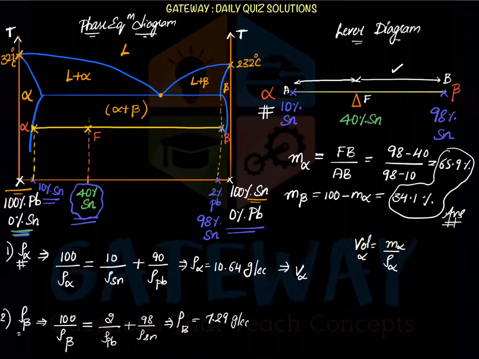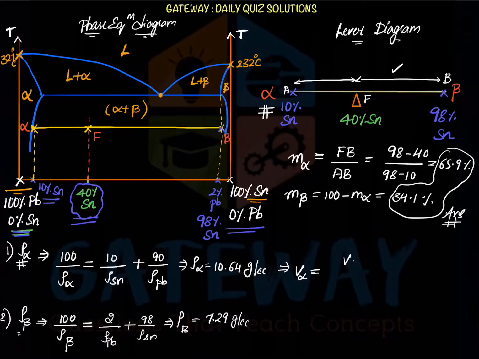So volume of alpha, we will calculate the volume fraction. Just now we discussed that volume is nothing but mass upon density, right? So volume fraction of alpha is nothing but mass of alpha upon density. We are calculating volume fraction, right?